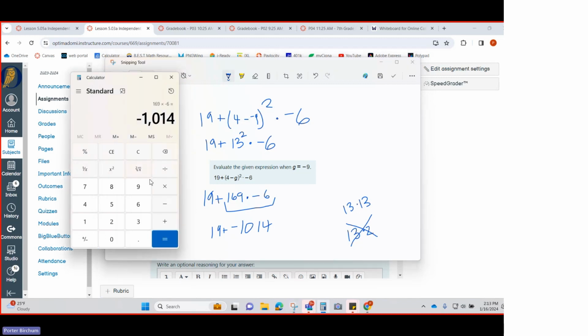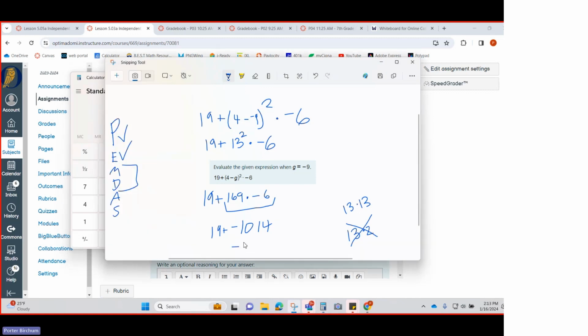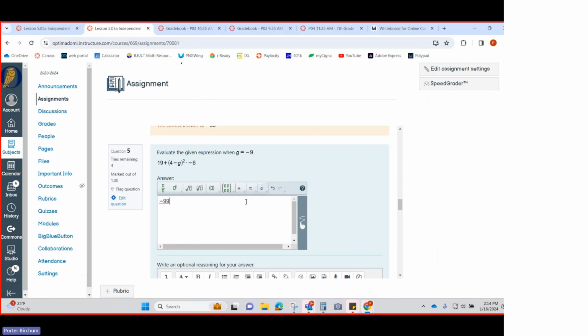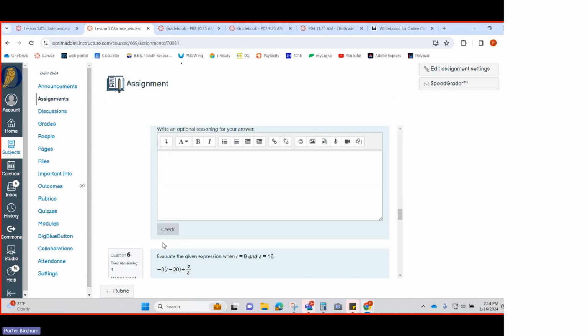And now it's just adding. So plus 19, -995. Oh, lots of steps. Baby steps, maybe, but lots of those made that really tiring. Your numbers will be different than mine, but I think you can solve your problem in a very similar way. -995. See if Mr. Bertram did it right.